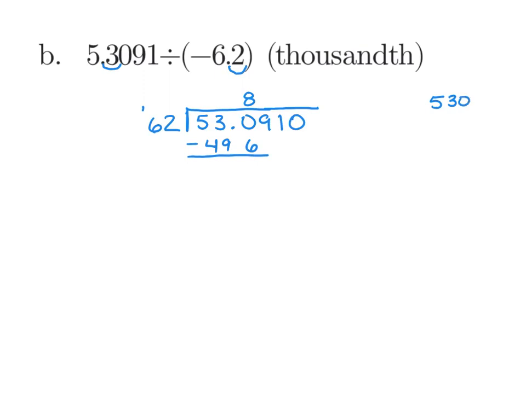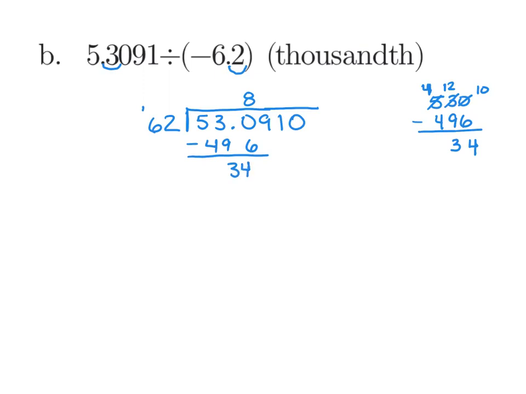We get 530 minus 496. I'm going to borrow from the 3, make it a 2, and I'm going to make my 0 a 10. 10 minus 6 is 4. We have to borrow from the 5, it becomes a 4. And we get 12 minus 9 is 3, so we get a remainder of 34.